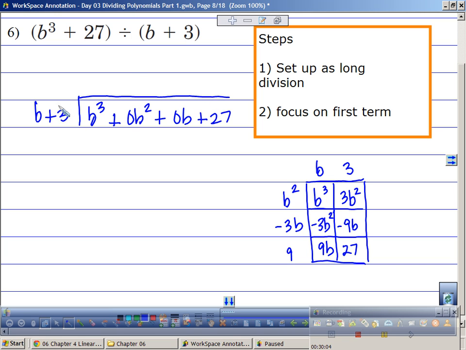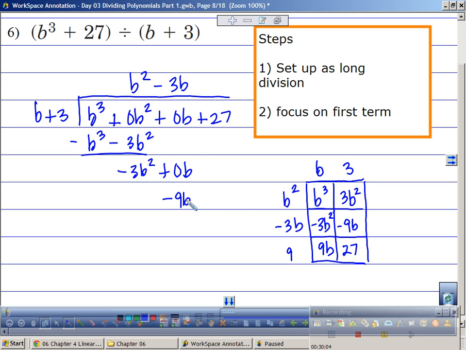is divided by b plus 3. So we say b squared. This becomes 3b squared and b cubed. You guys seem bored now. Like this is easy. No. More like. Not easy. Negative 3b to bring down our 0b makes negative 9.